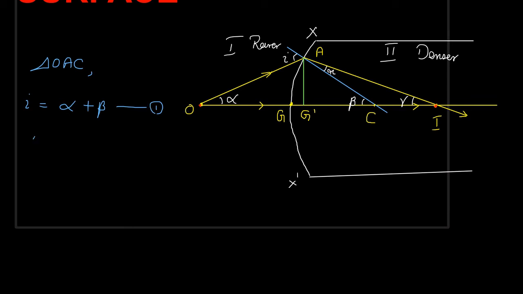Now if we consider the triangle CAI, from triangle CAI, external angle is beta, internal opposite angles are R and gamma. So beta is equal to R plus gamma. So what is R from this? R is equal to beta minus gamma. Let this be equation number 2.